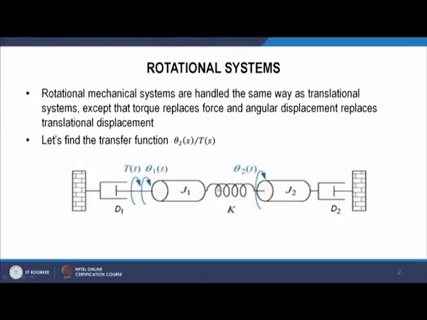Then there is the spring, which is responsive to the angular displacement, and this second inertia has the rotational degree of freedom theta 2 t, and there is the second damper attached to this second inertia.